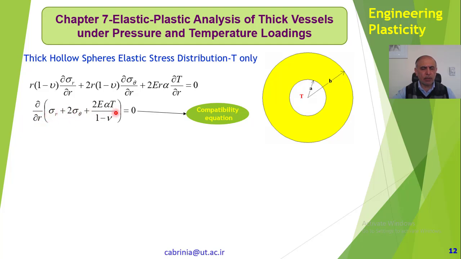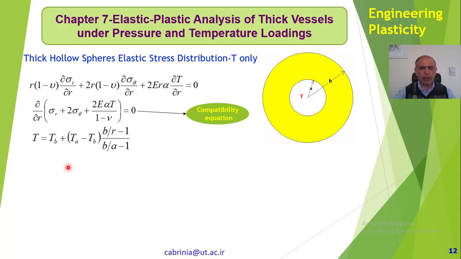This relationship is similar to what we had before for the pressure loading, but here we have temperature loading, so that we get this temperature item in here. So that is the compatibility equation, and we can go ahead just like before.